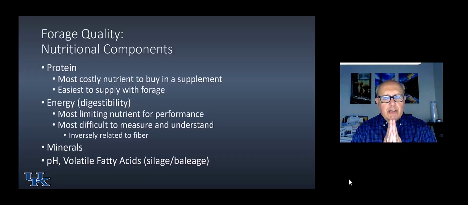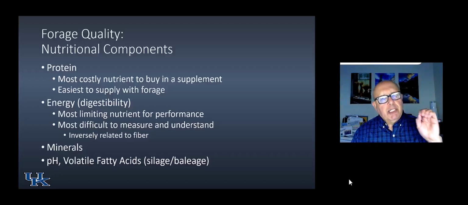But the interesting thing, and the thing to really keep in mind with forages, is that protein is the nutrient that is easiest to supply with forage crops. So we want to coach ourselves to look past protein deeper into the analysis to find out how good the hay really is, or the forage really is.